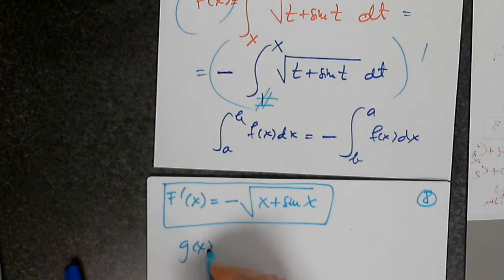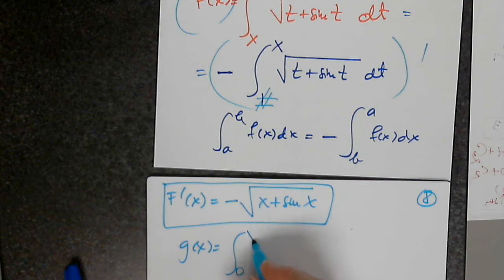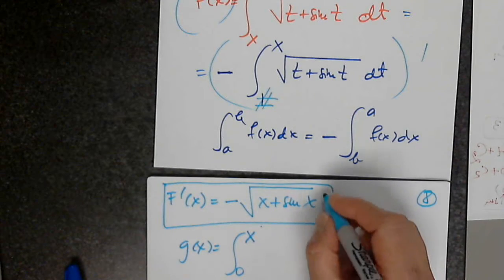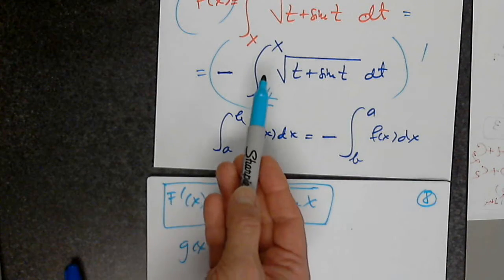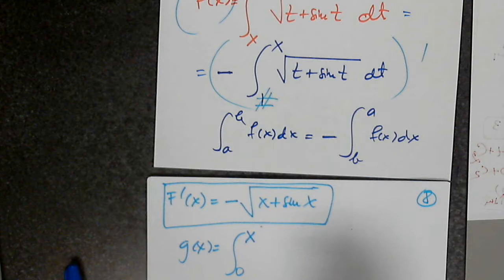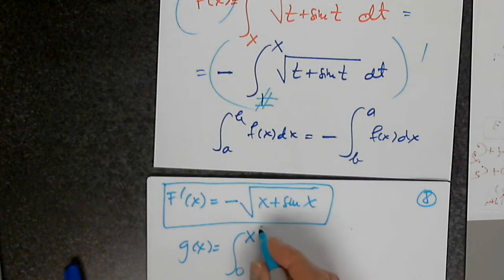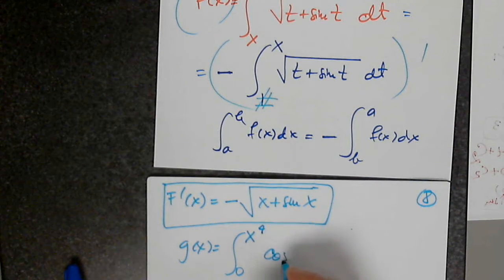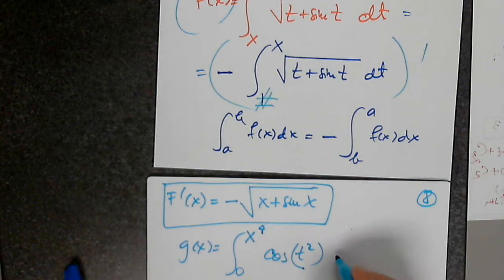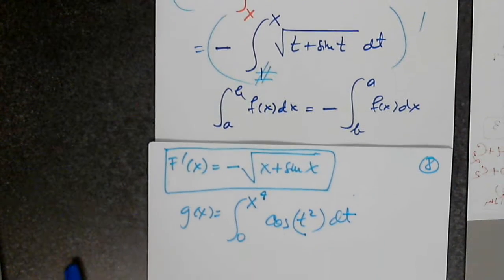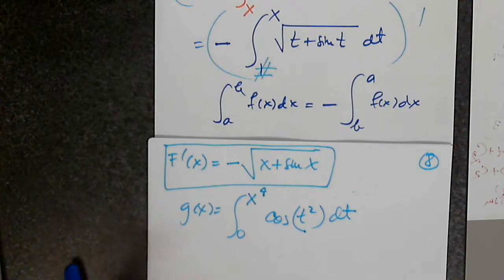Number 45. G of x is the integral from 0 to x to the 4th of cosine t squared dt. By the way, I should have multiplied by x prime. But what is x prime? 1. Very good. Is this function in the form of an integral ready for differentiation?